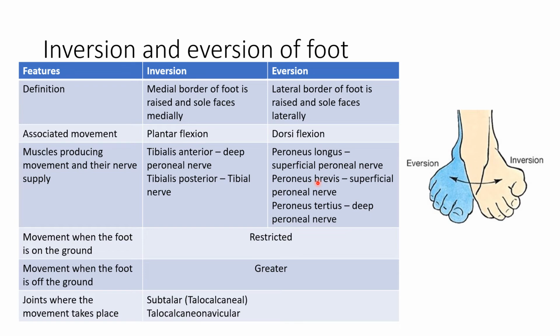Then what are the joints where these movements of inversion and eversion of the foot are taking place? They are the subtalar joint, or talocalcaneal joint, and the talocalcaneonavicular joint.